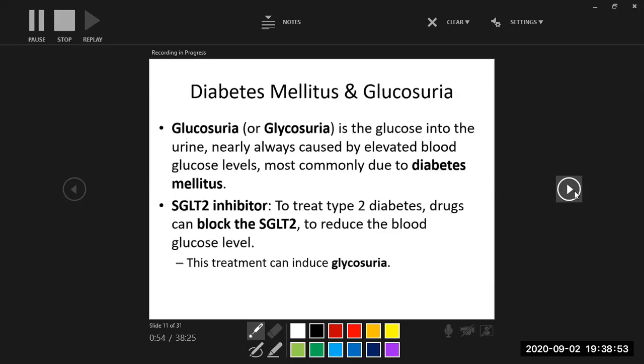We can also artificially generate glucosuria by taking an SGLT2 inhibitor drug. For the diabetes patient, we don't want to reabsorb this glucose because our body basically has too much glucose.